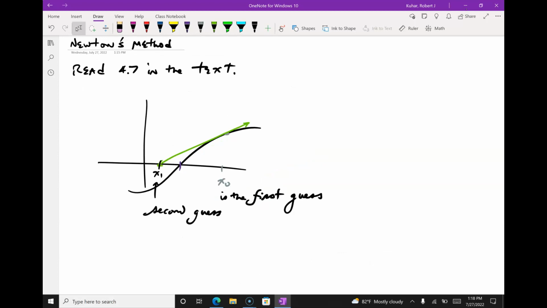So we know the equation of this green line, right? What is it? Y minus what? Oh, f prime. This is f prime of x, right?